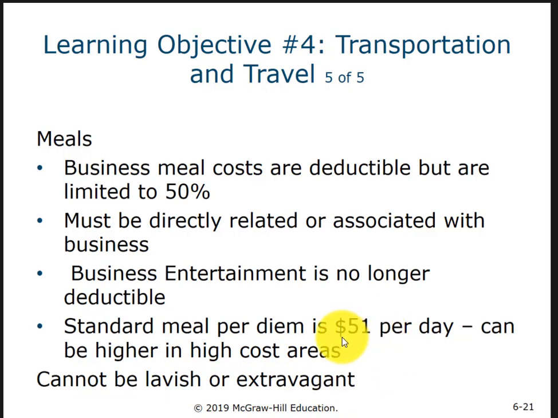I find the standard per diem rate being plenty for eating and such. I've never had any concern. It's actually always been more than I've needed to spend. So I wouldn't anticipate that being a problem. And if you're within the per diem, then obviously you're not lavish or extravagant, because that's what the IRS guidelines have been.